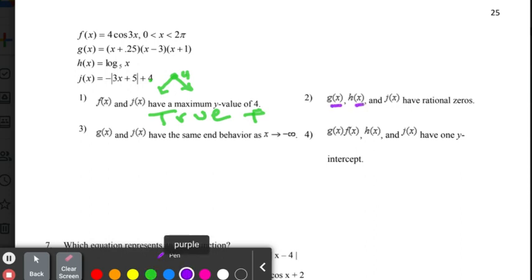G of x, h of x, and f of x have rational zeros. So let's see, g of x, if you set all of those factors equal to 0, you get x equals negative 0.25, x equals 3, and x equals negative 1. So that's rational. For h of x, let me graph this.